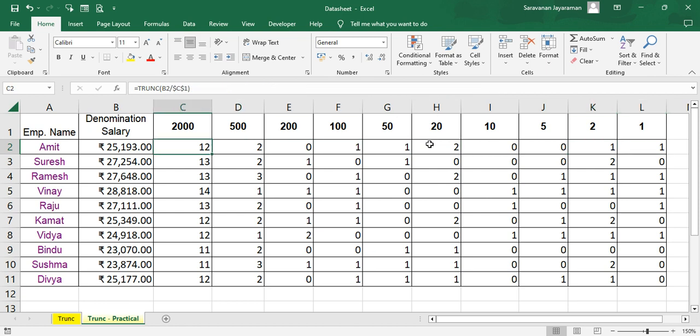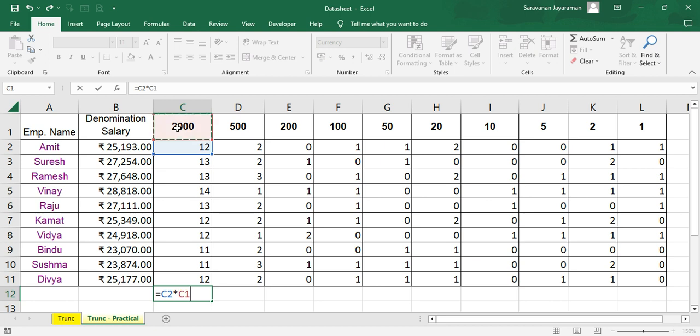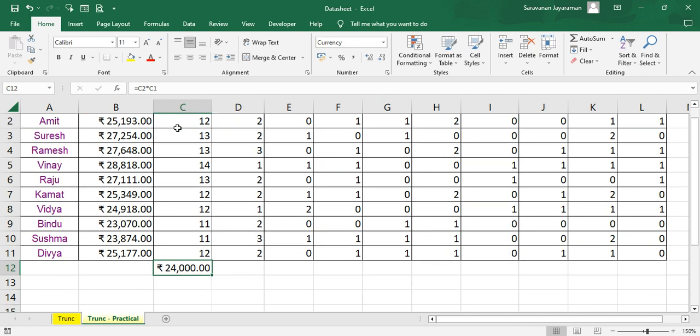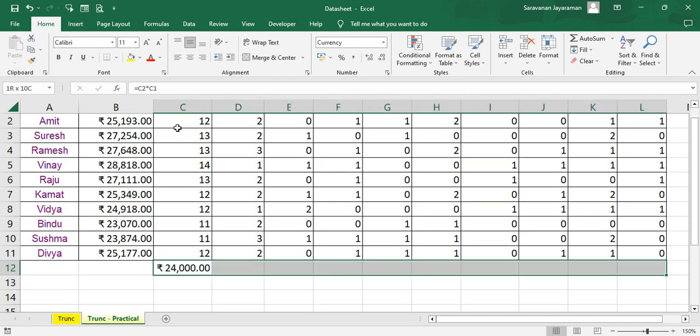Now to cross verify that it is calculated correctly, we'll check. We'll multiply this into this, and we'll copy this one to the right.